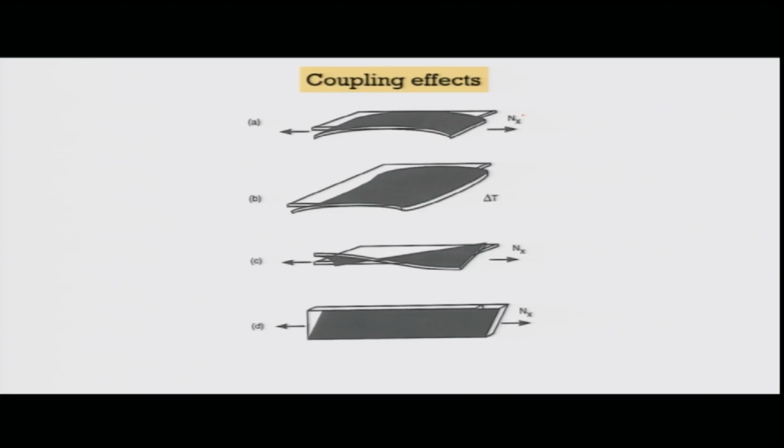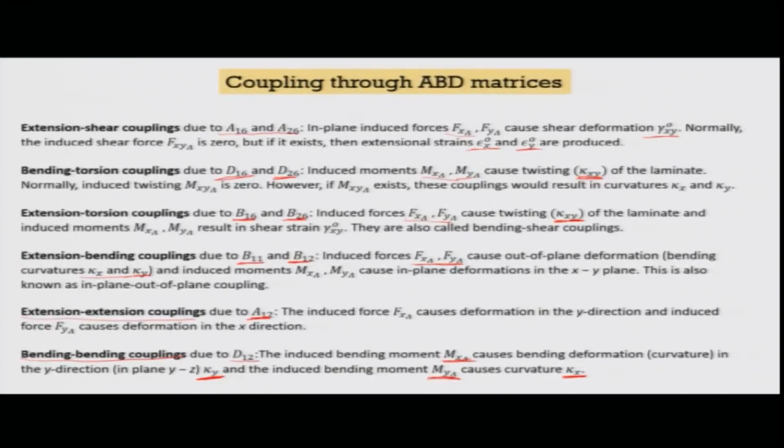For example, can you see that the Nx here is the in-plane stretching, but it is also creating moment here, the bending deformation here. So, there is a stretching-bending coupling happening. Which term gives us the stretching-bending coupling? Let us go through the terms here, and you can see that the extension-bending coupling comes from B11 and B12.